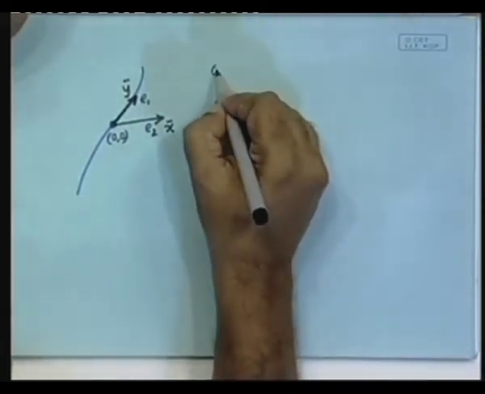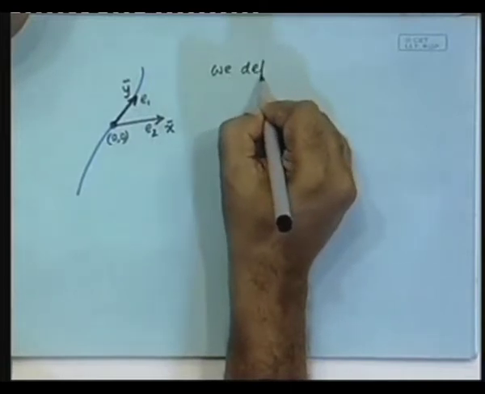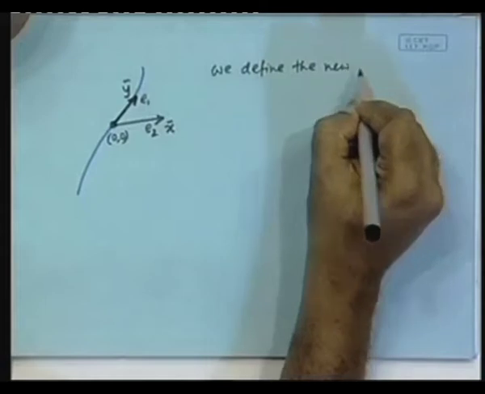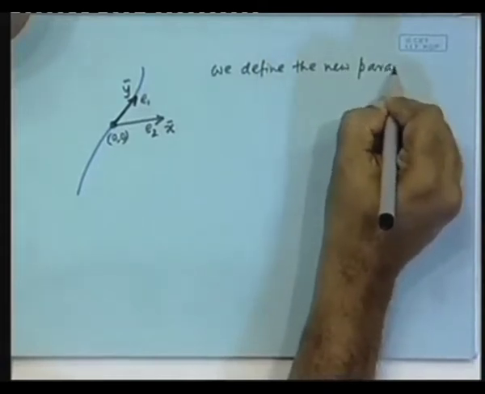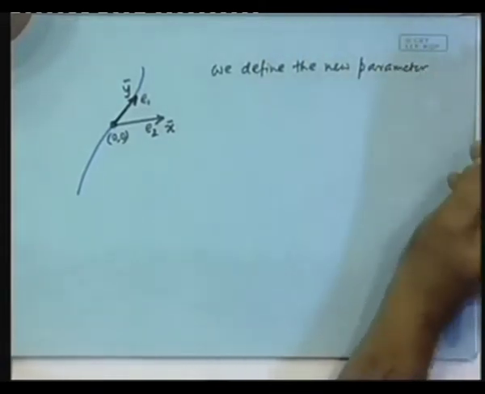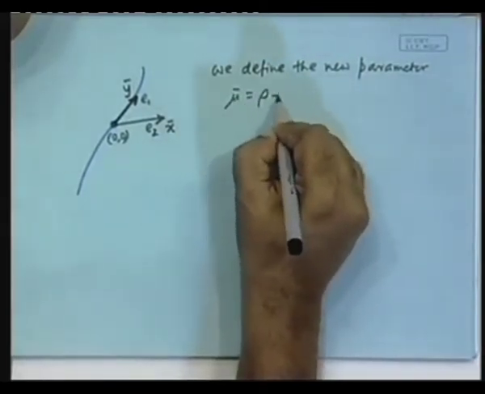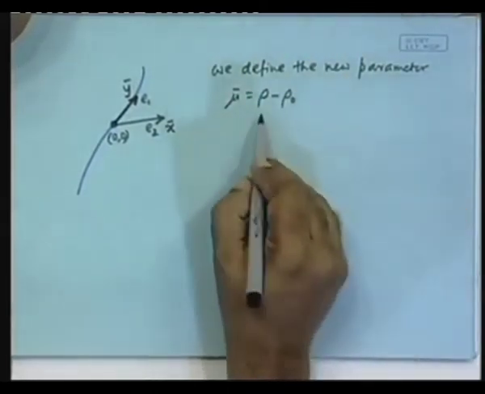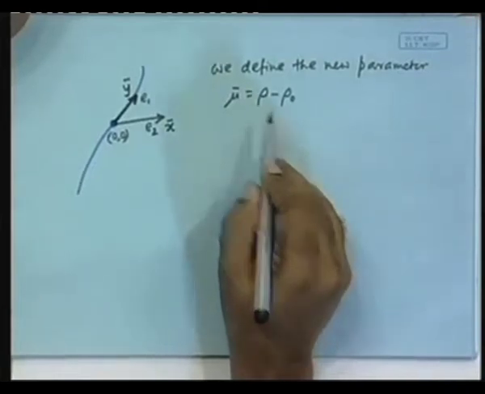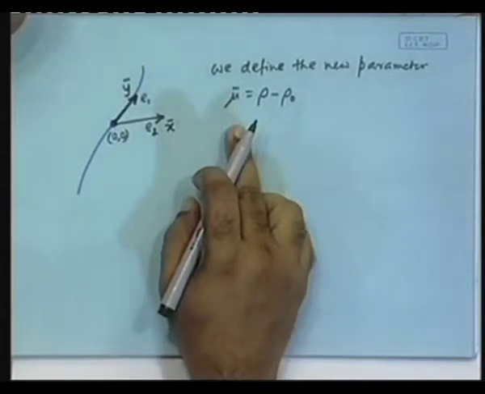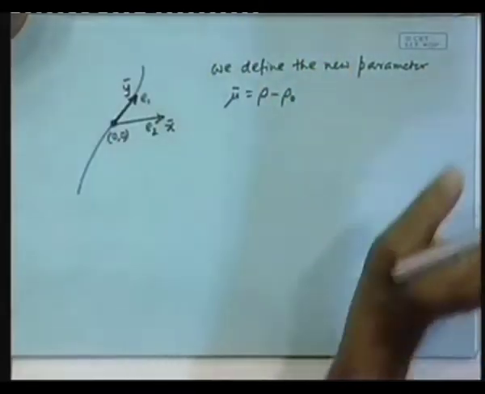So we define a new parameter, mu bar is equal to rho minus rho naught. What does it mean? It means that border collision happens at mu is equal to 0, mu bar is equal to 0. Why mu bar? I will come to that later. I will later correct it.